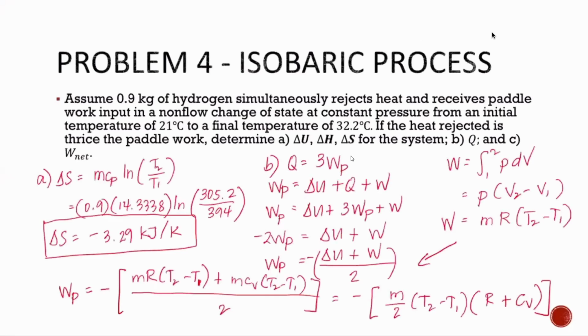Dictate nyo nga sa akin. So, we have WP is equal to, anong nakalagay doon? Negative M over 2, T2 minus T1, R plus CV.